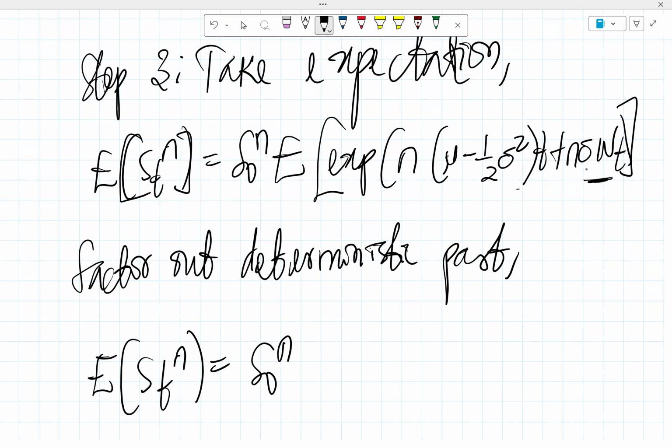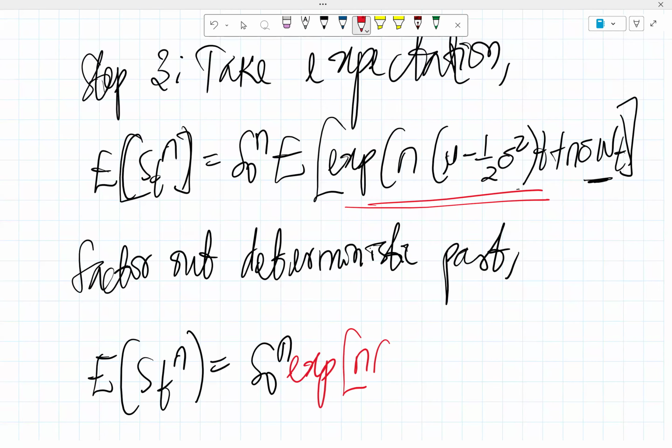So anything that doesn't involve the Wiener process, like this part now, we can factor out: S_0^n exp(n(mu minus half sigma squared)t).